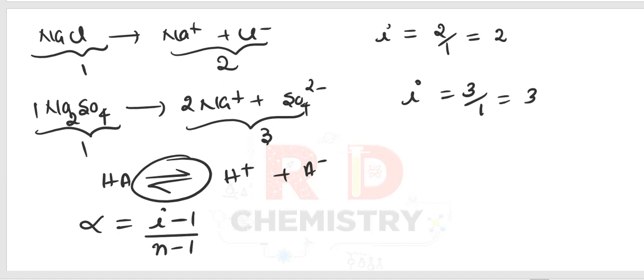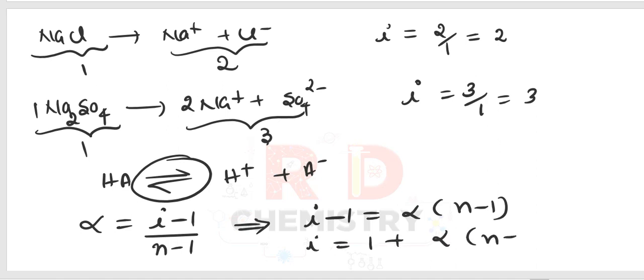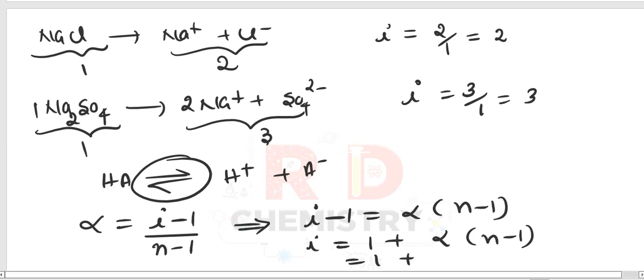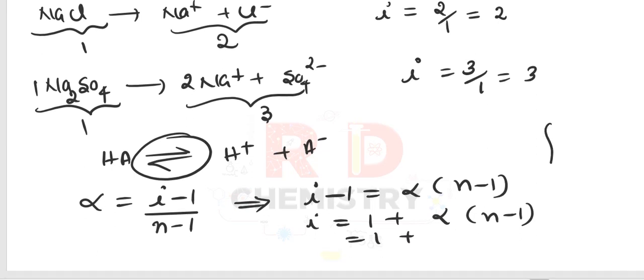Right? I have to get the i value now. i minus 1 is equal to alpha into (n minus 1), or i is equal to 1 plus alpha into (n minus 1). What is alpha? Alpha is given as 20%.